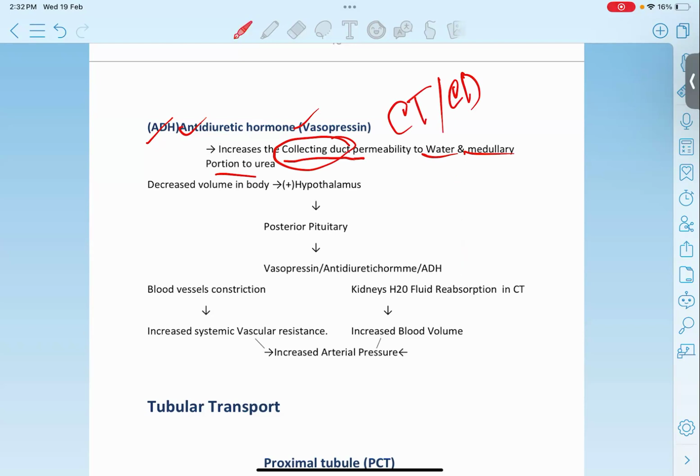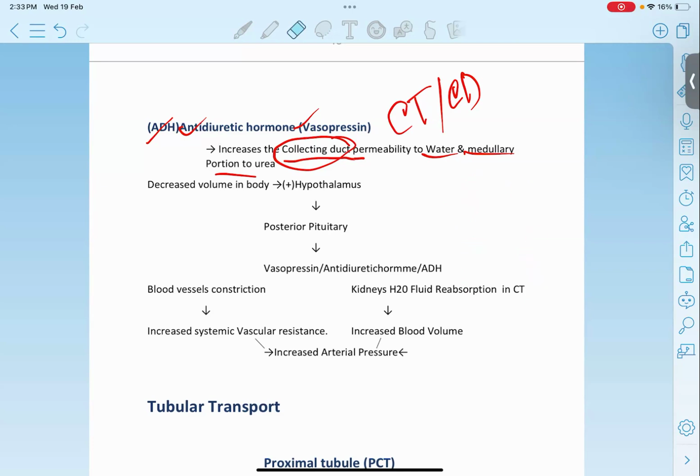Suppose this is a collecting duct and it has some pores in it. What ADH does is increase the size of the pores.